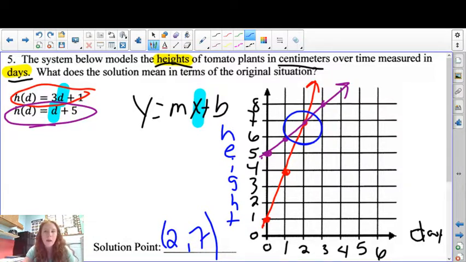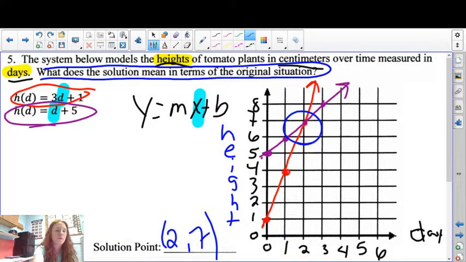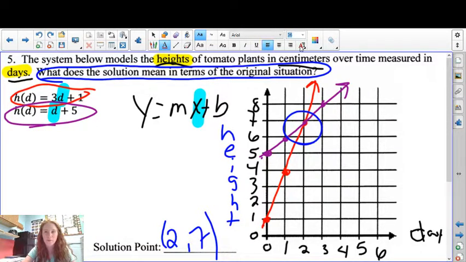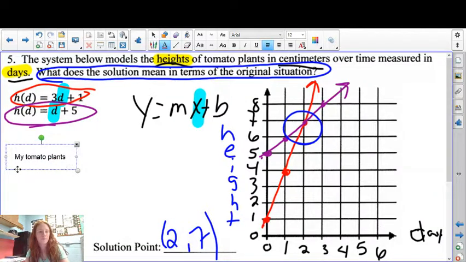Great, but what does that mean? It asks me right here, what does the solution mean in terms of the original situation? So we saw we were dealing with tomato plants. Well, we were trying to have a solution point where the lines would meet, which means that they would be an equal height.